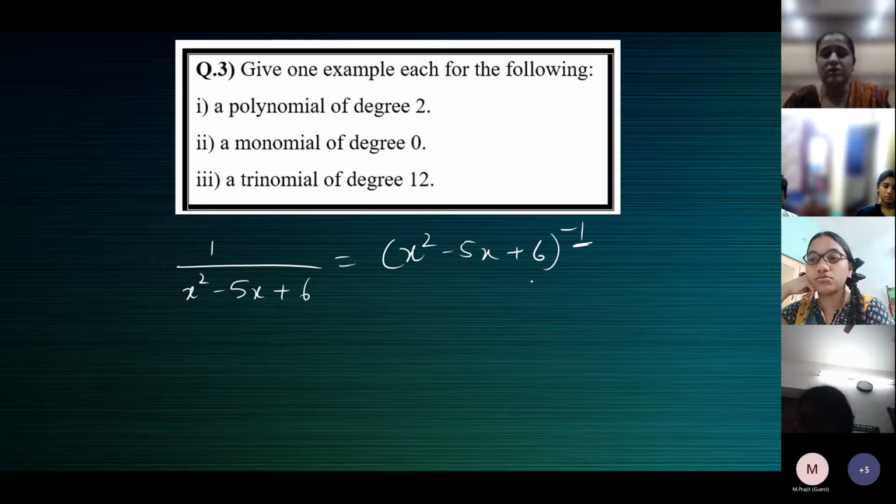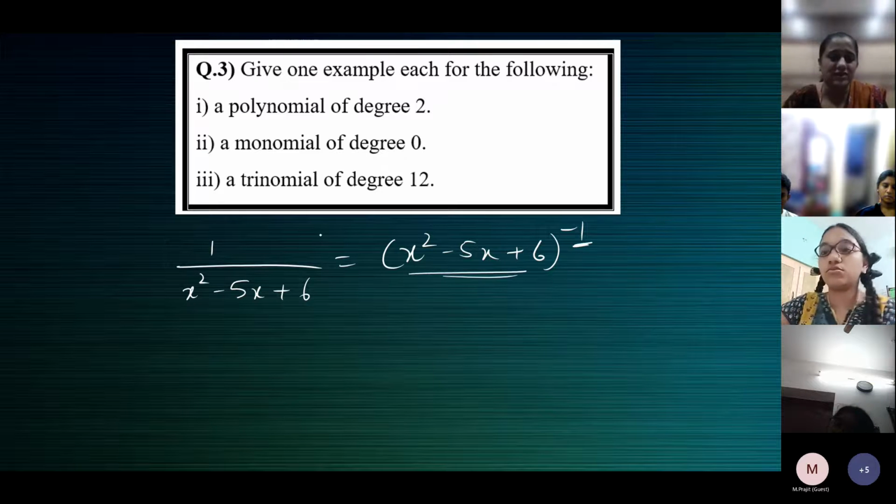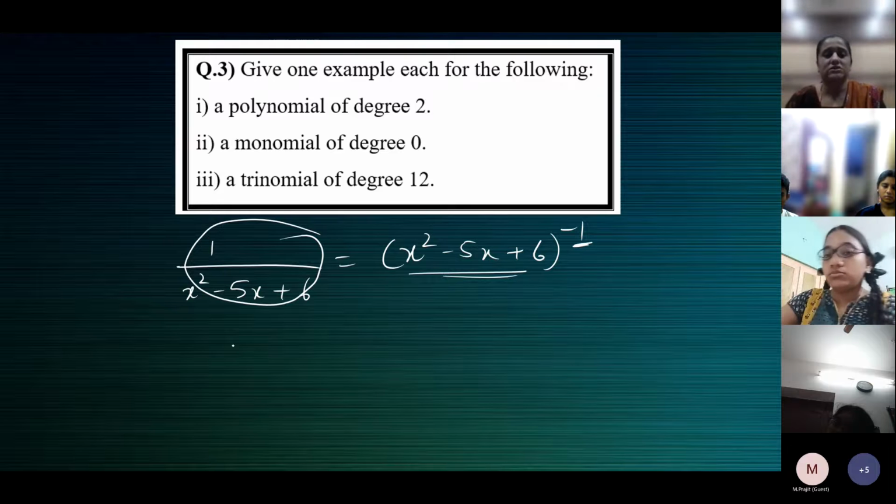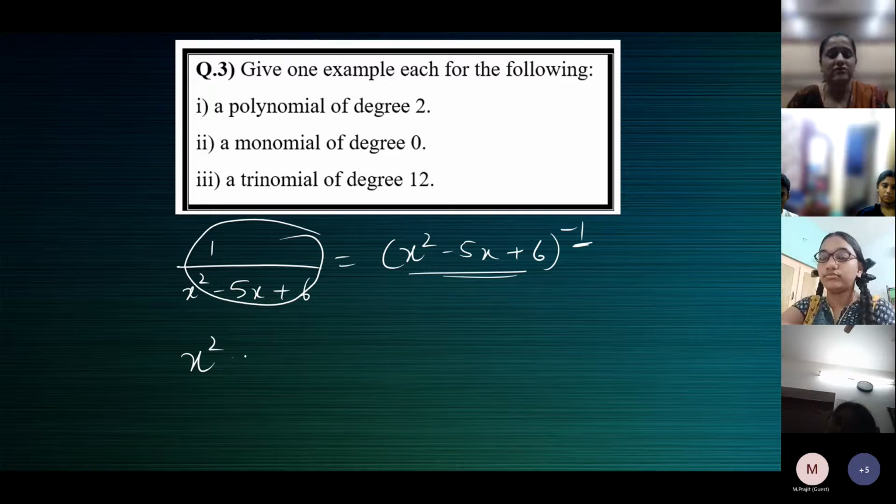So this one is not a polynomial. This one is an algebraic expression. But if you had x square minus 5x plus 6, like this one, it is a polynomial of degree 2.